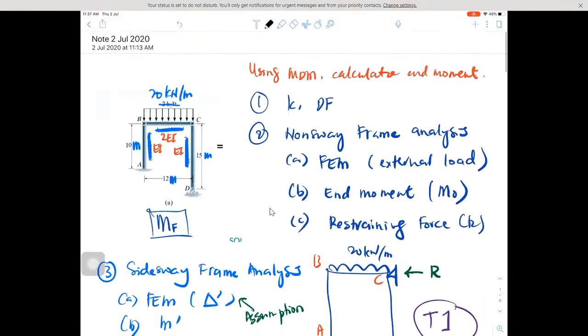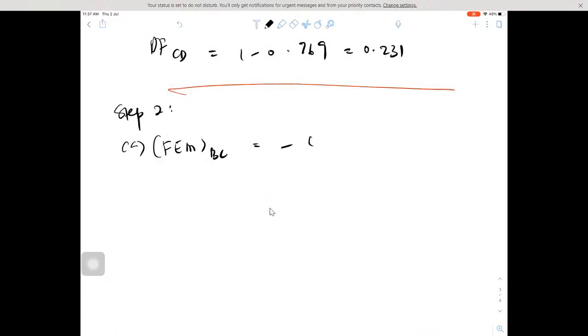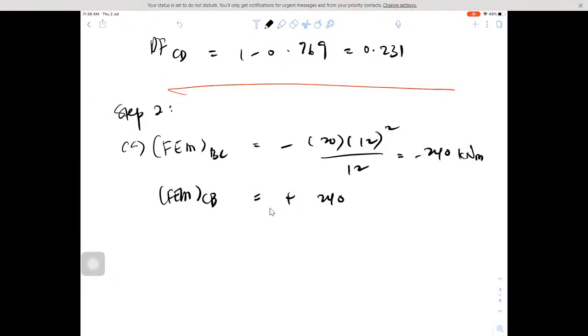W is 20, L is 12, so WL squared over 12 gives 240 kilonewton meter. CB is equal to positive 240 kilonewton meter.